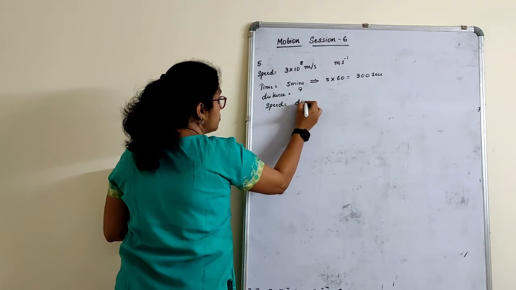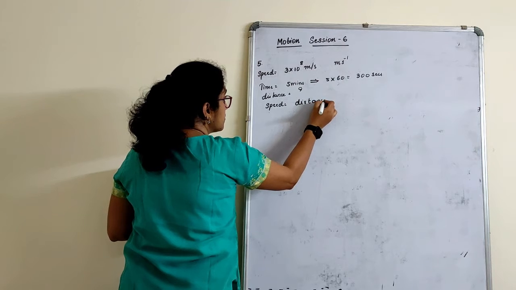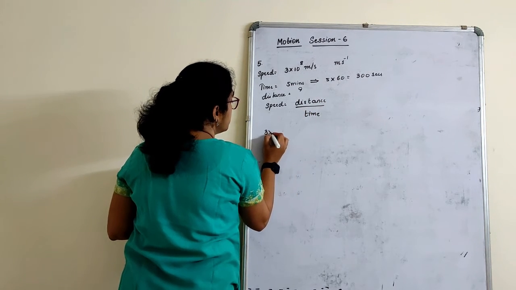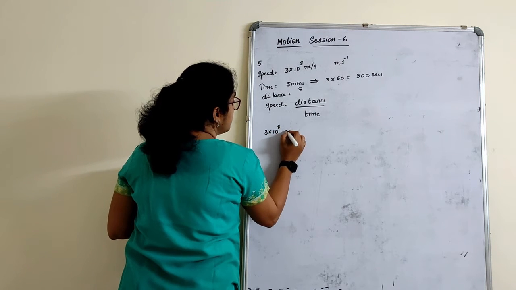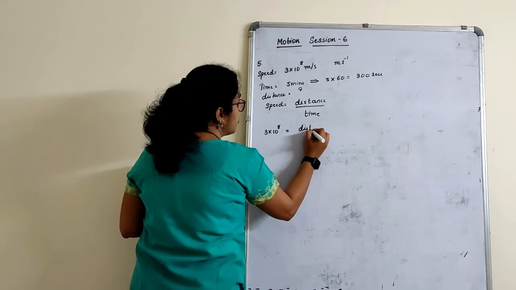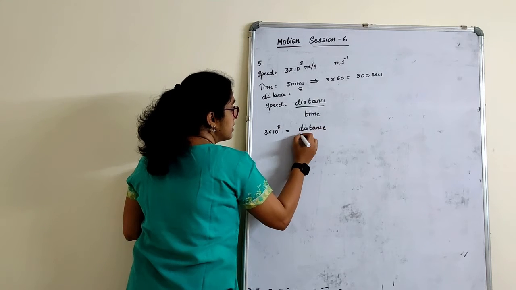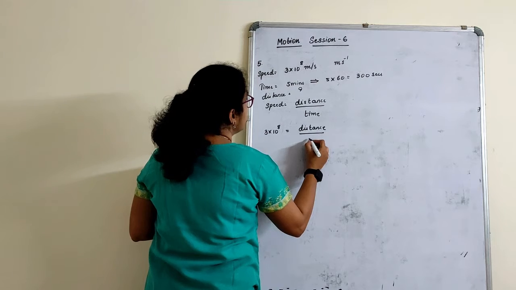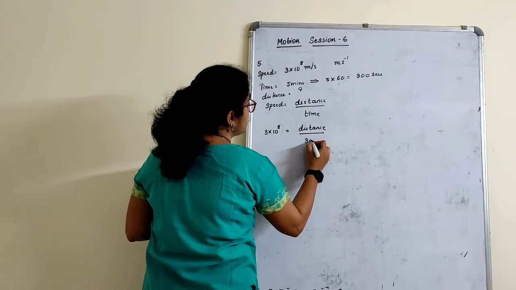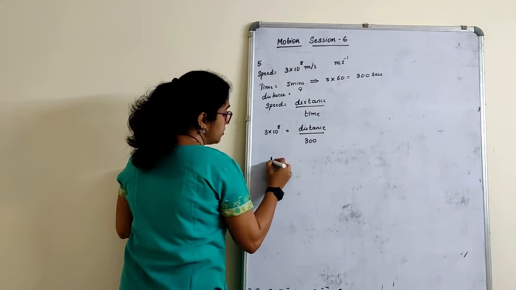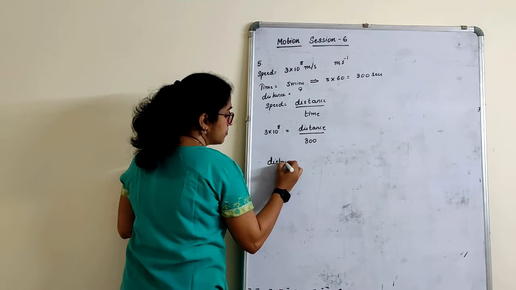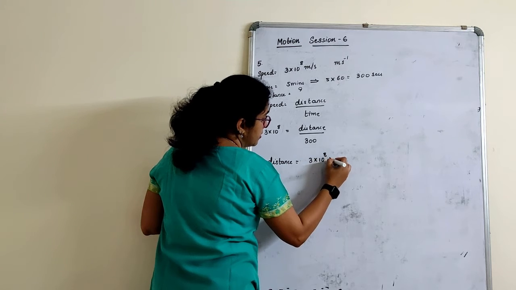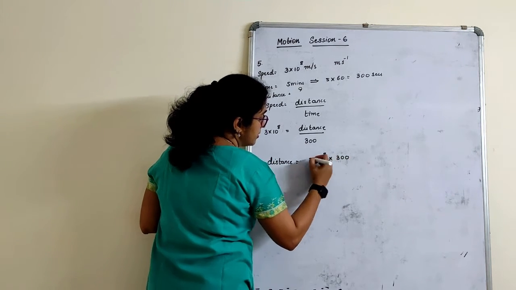Speed is equal to distance by time. This is simple and direct. So speed is 3 into 10 raised to 8 is equal to distance by time. Do not write distance, time and speed as d, t and s shortcuts. Write speed, distance and time as they are. Time is 300. Distance is equal to 3 into 10 raised to 8 into 300.